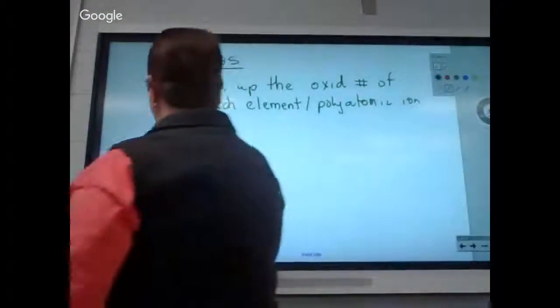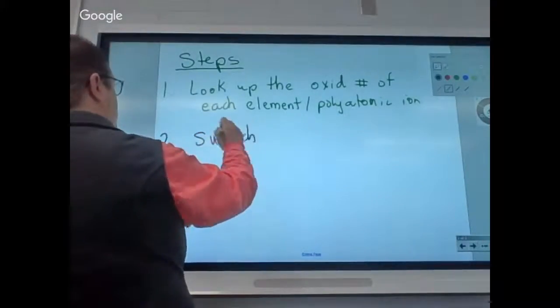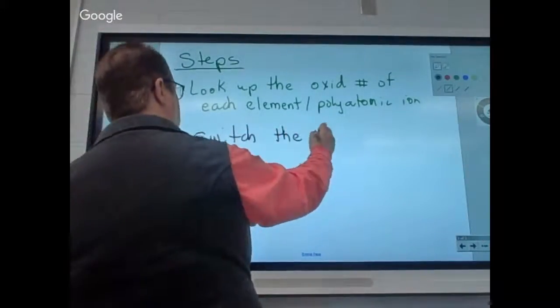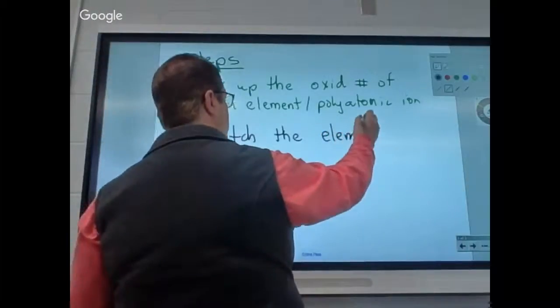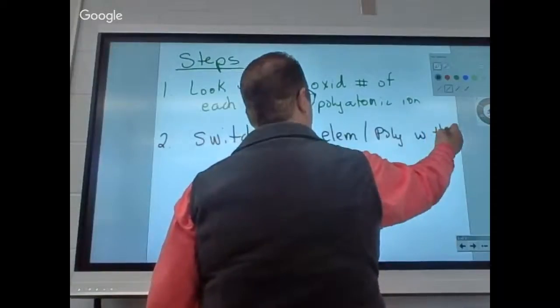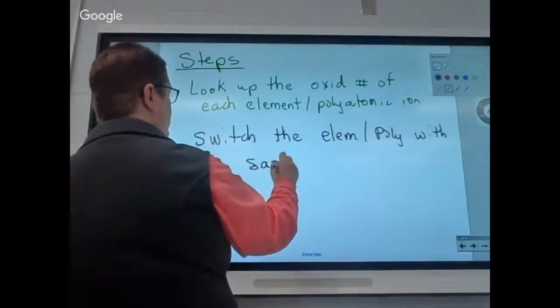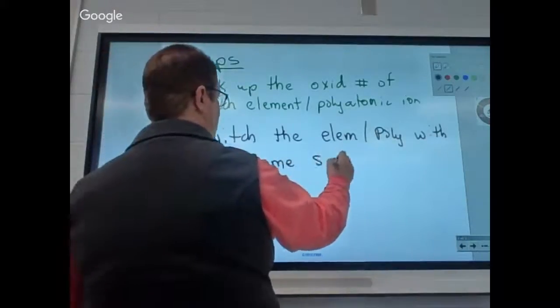Number two. We're going to switch the element or polyatomic ion with the same sign.